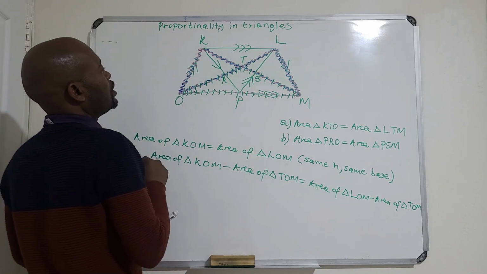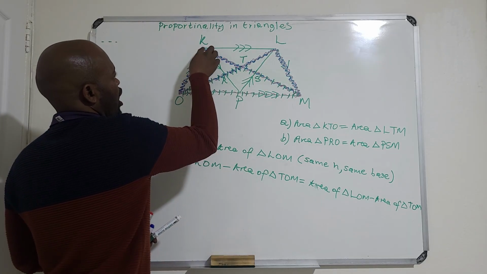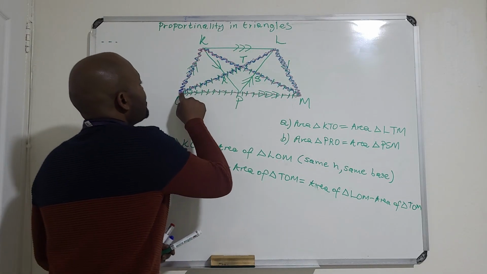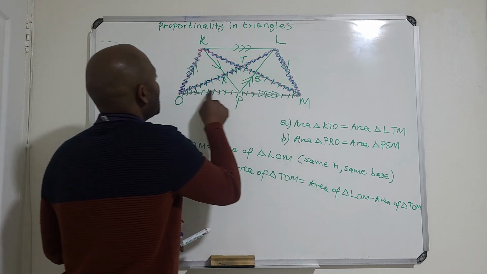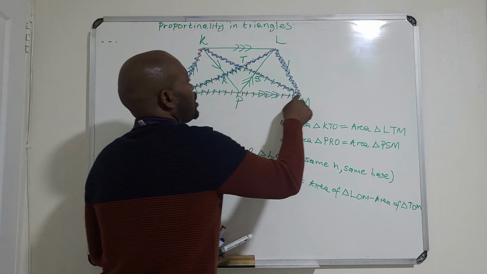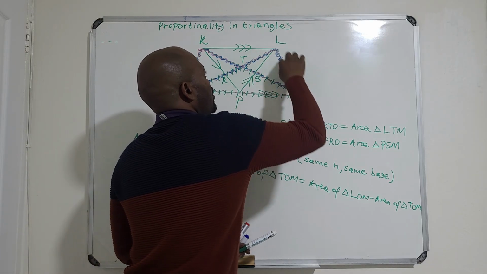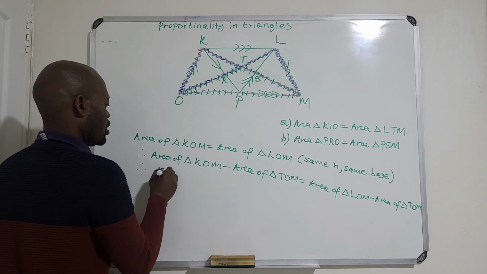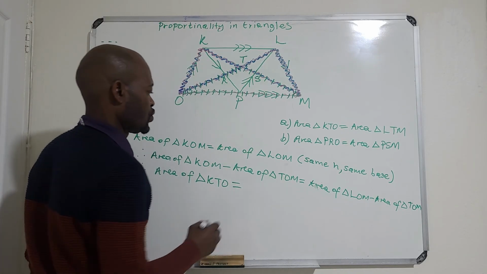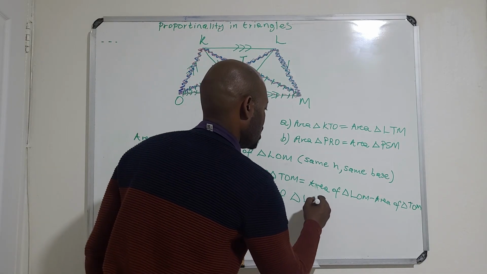This minus this triangle, we get this triangle there. Because from this triangle, if I remove this triangle, I'm left with this triangle there. Therefore, area of KTO is equal to the area of triangle TLM.